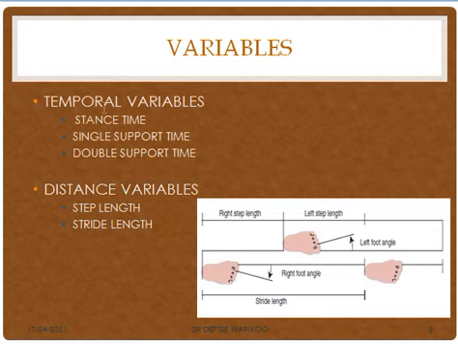So first we will see what the stance time is. Stance time is the amount of time that elapses during the stance phase of one extremity in a gait cycle. Single support time is the amount of time that elapses during the period when only one extremity is on the supporting surface in a gait cycle.